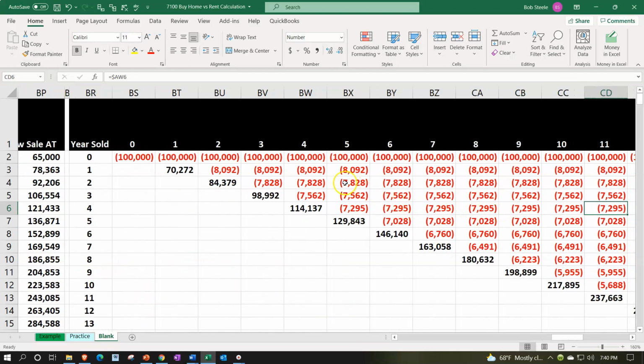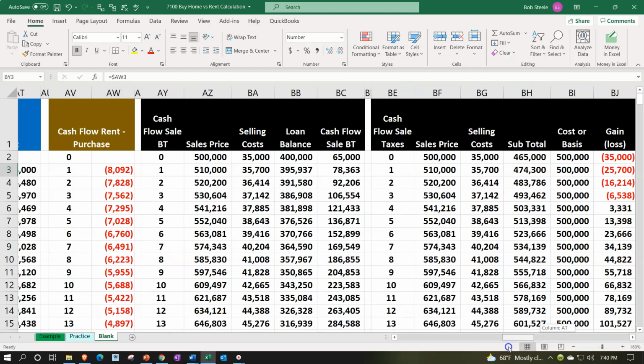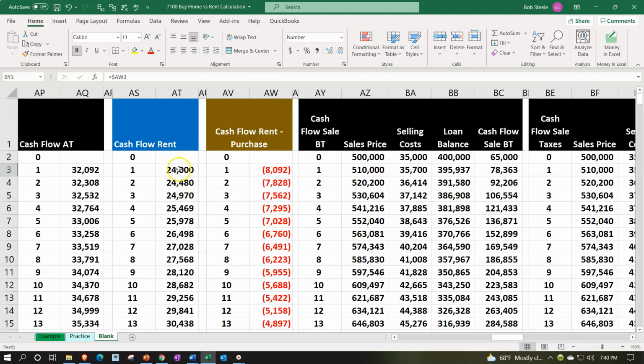So now we got the initial outflow. Let's just take a look at like year 6. We had the initial outflow of the 100,000 that we put down up front. And then we had the net outflow, the net kind of benefit that would bring down the payments from the rent. So that's the difference between these payments, meaning we were paying 24,000 in rent and we're actually increased, even though we put money down up front, to a cash outflow yearly of the 3,292.